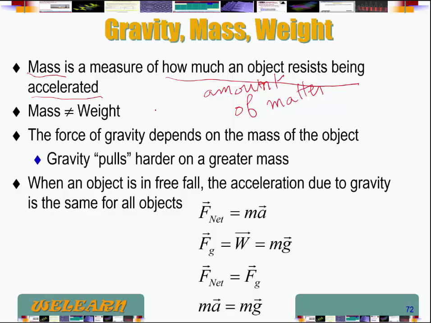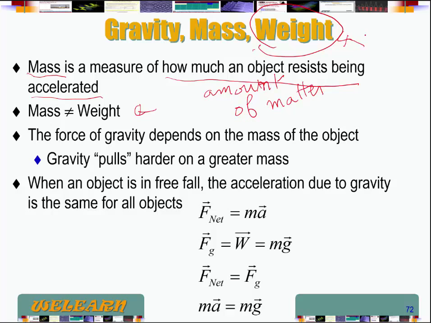The weight, though, is a term that we use for the force of gravity on an object at the surface of the Earth. That's a special term that we use for the gravitational force on an object when it is at the surface of the Earth.